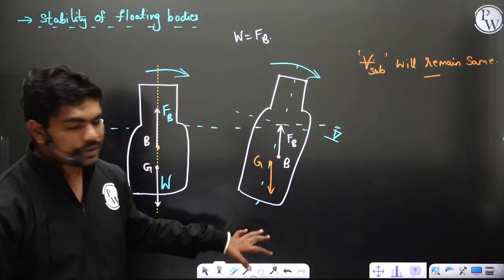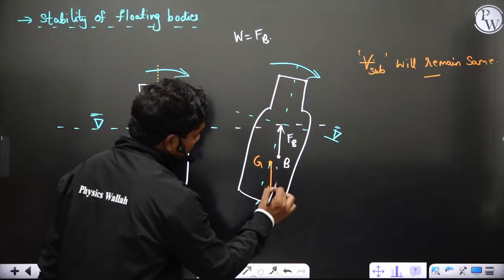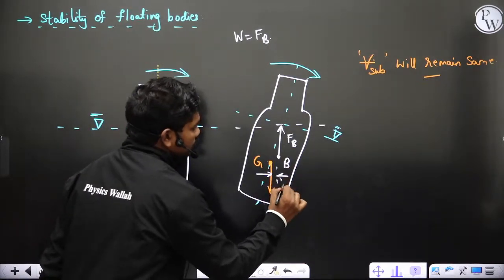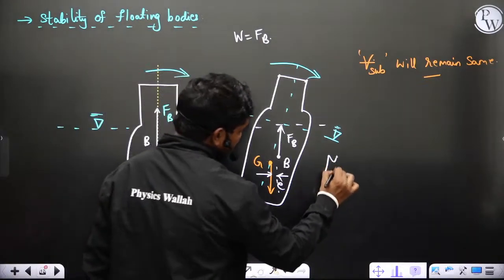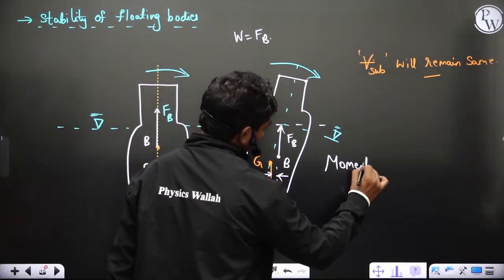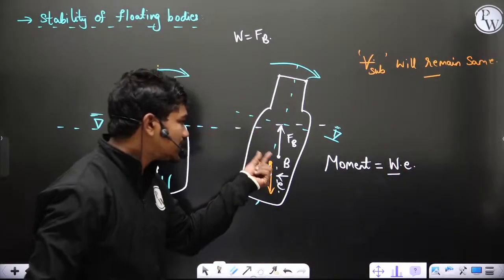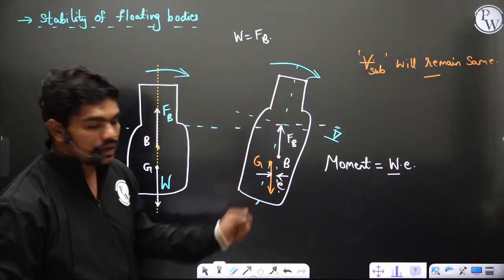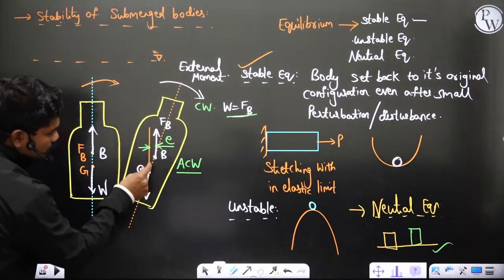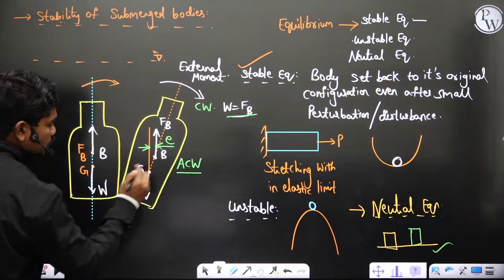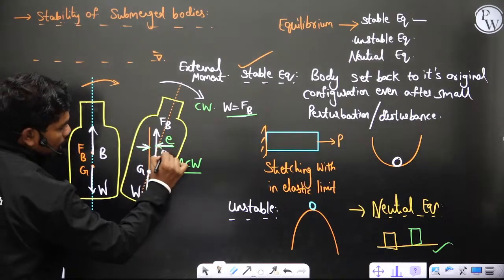In this case it appears like it produces an anti-clockwise moment, but you can understand one thing. Suppose this is E, the moment being generated is equal to weight into this eccentricity, yes or no? This E is playing a role. In this case, the distance between these two is fixed because these two points are not going to get shifted, so this E is always locked.